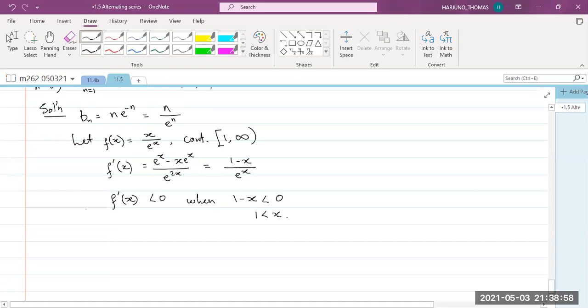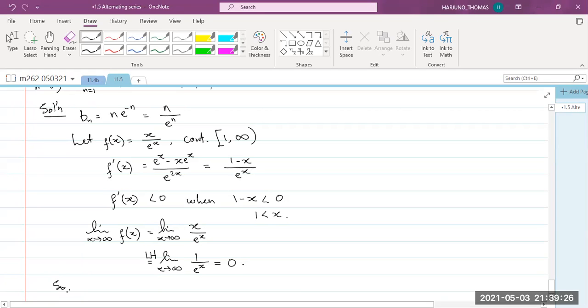Also the limit, I will use L'Hopital, right? That's 1 over e to the x, which equals 0.